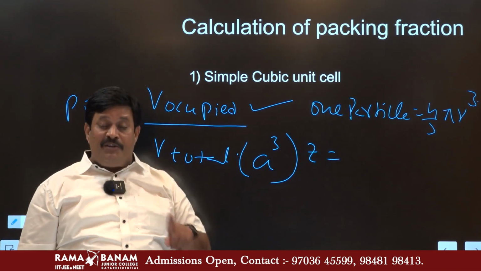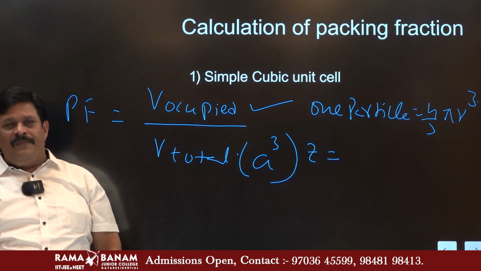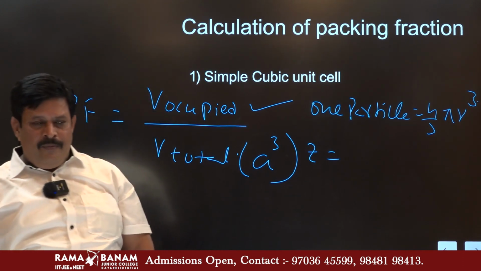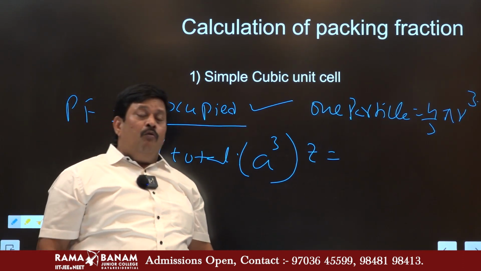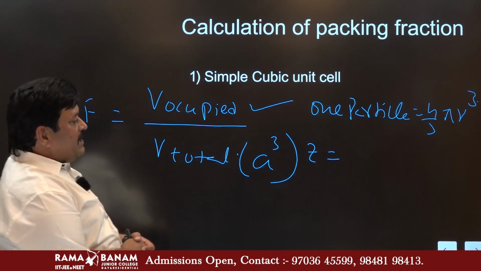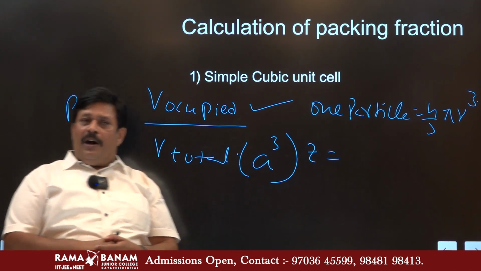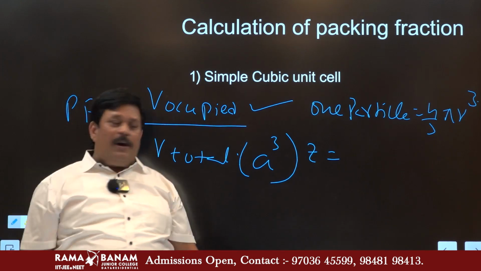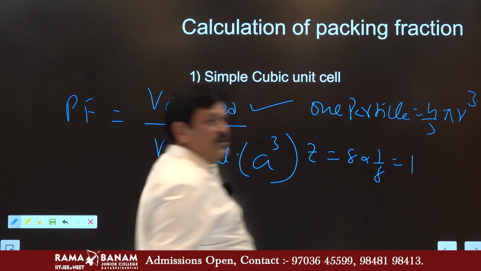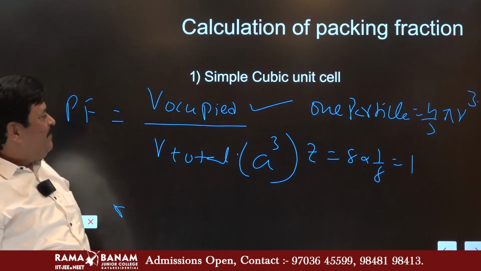That is the reason why first we discussed effective number of atoms in different unit cells. What is the effective number of atoms for simple cube? Where are the particles present in simple cube? We all know particles are present only at body corners. The contribution of a body corner is 1/8. Number of body corner particles is 8. So effective number of atoms for simple cube is 1. So the number of particles in simple cube is 1 only.